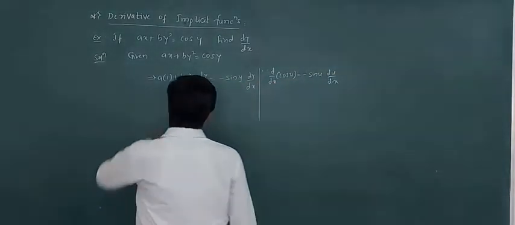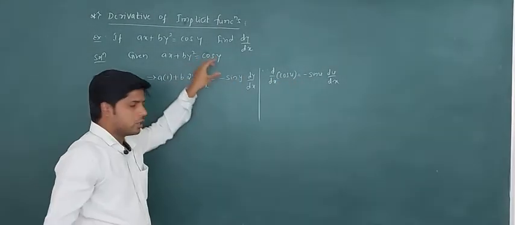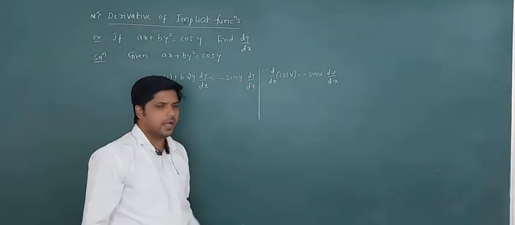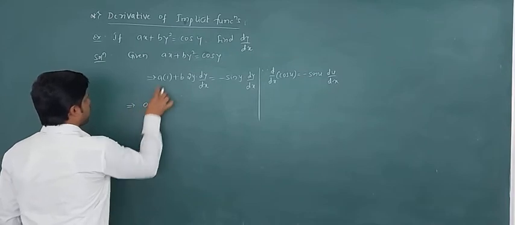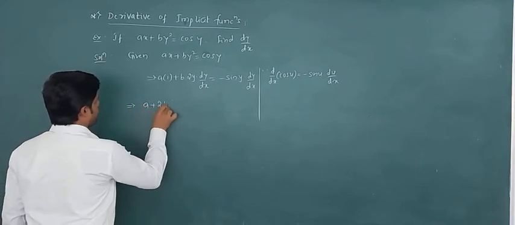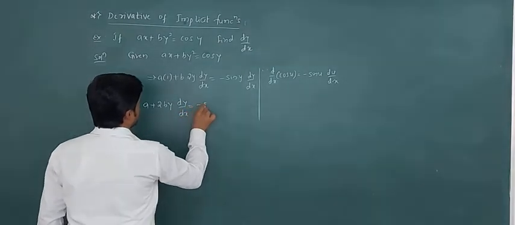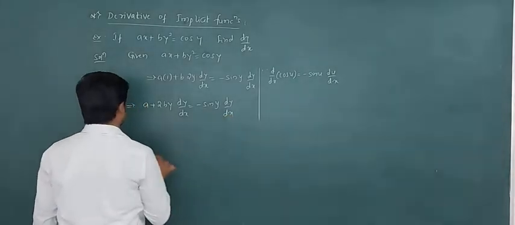Comparing these two, cos y and cos u, in place of u we have y, so therefore cos y differentiation is minus sin y into dy by dx. So this implies a into 1 is a, plus 2by into dy by dx is equal to minus sin y into dy by dx.